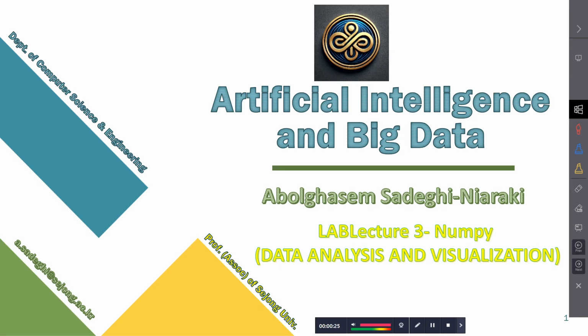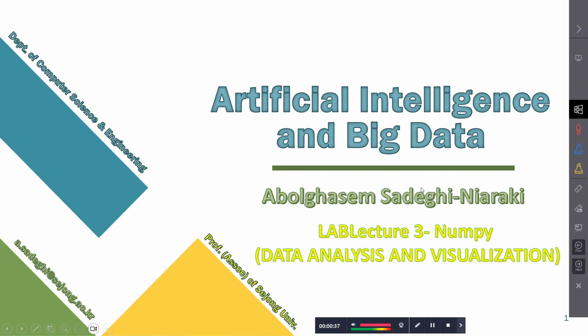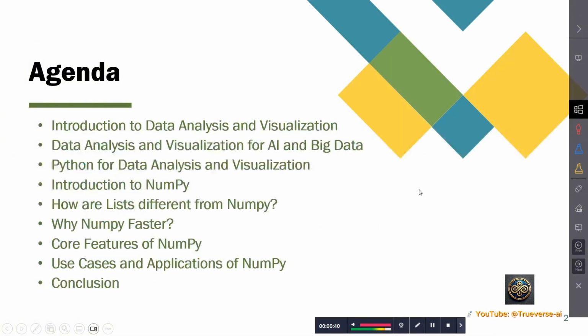The first part of the data analyzing and visualization covers NumPy. So let's dive inside the lecture. We have too many things to cover. At the beginning, we'll cover introduction to data analyzing, and then we'll go to the section on data analyzing and visualization for AI and big data.